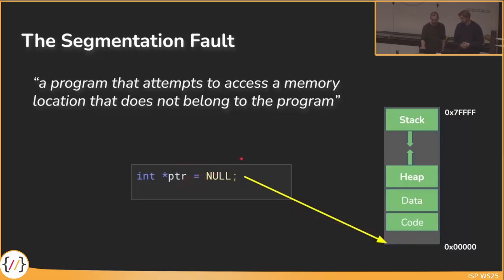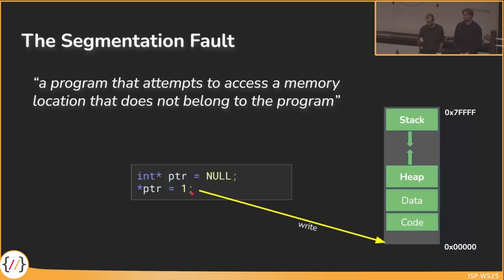This is okay. But as soon as I want to dereference this pointer, and so I say I want to access the address 0 and write 1 there, I want to write somewhere which is obviously not in my stack, not in my heap, not in the data segment, and not in the code segment. This produces a segmentation fault because we are accessing a memory location that does not belong to our program. And this is the cool thing with null.